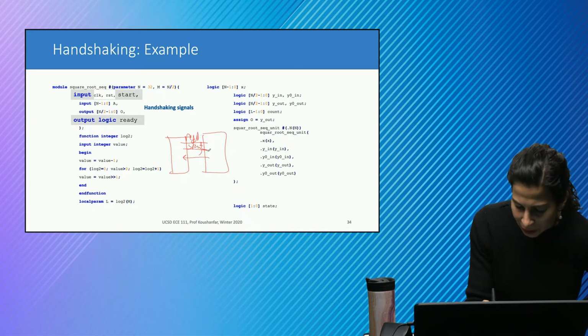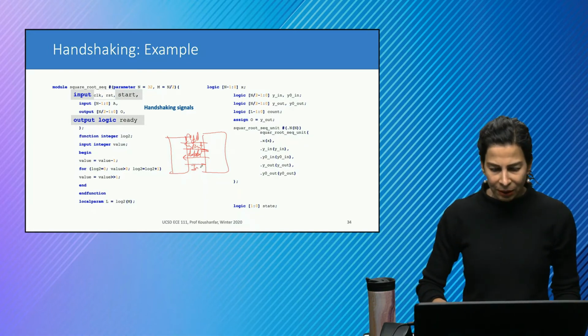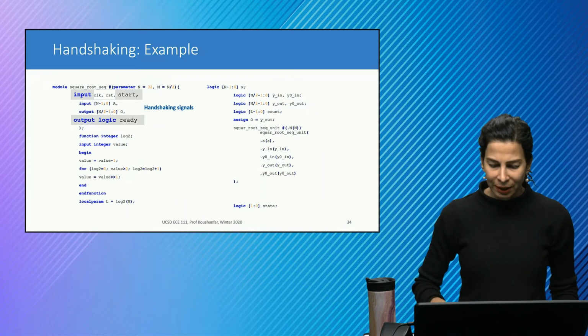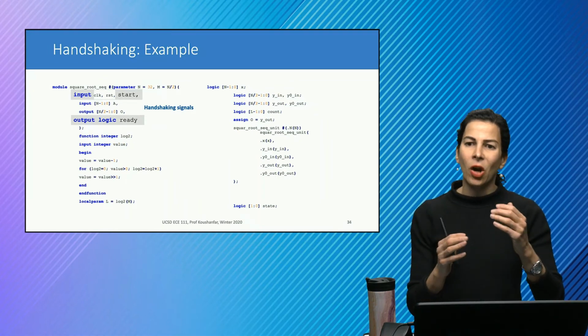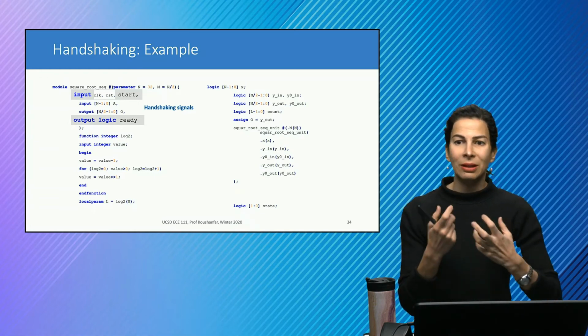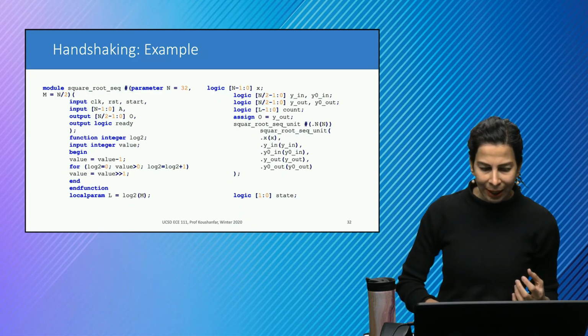The start was going in, the ready was going out, and then the data was coming out, and we had some data in as well. So now, we need to design that finite state machine that says, are you ready, are you ready, are you ready? So there are these 3-4 different states that we had in the design.